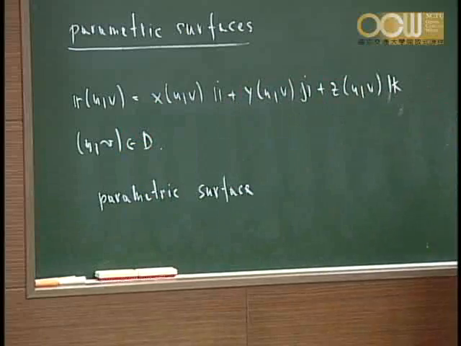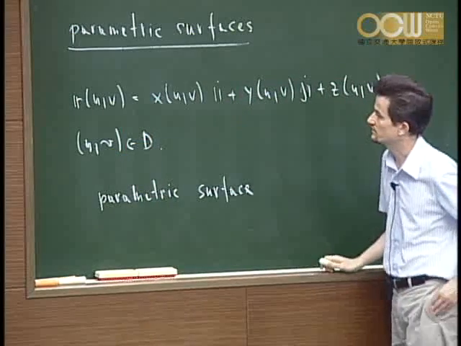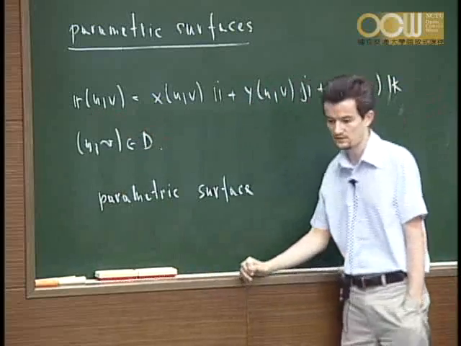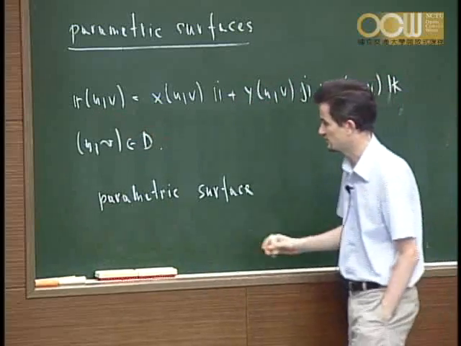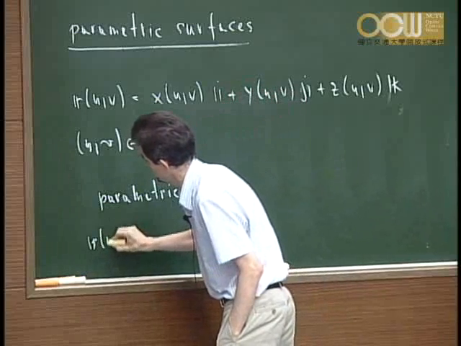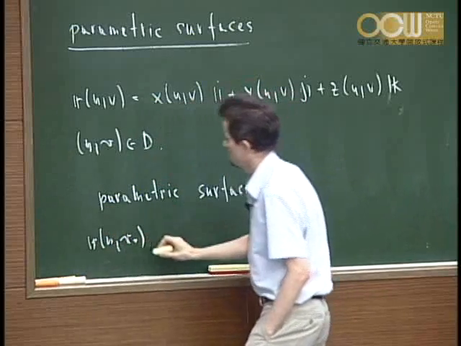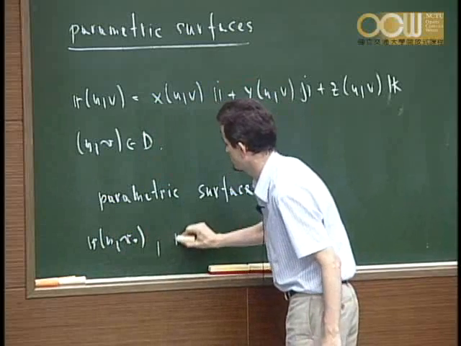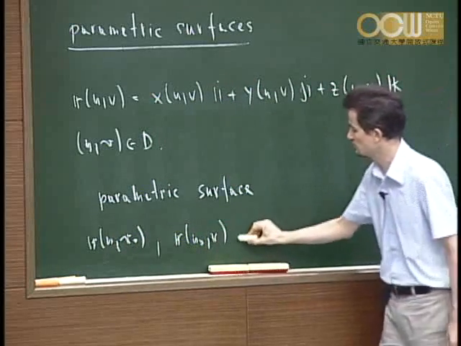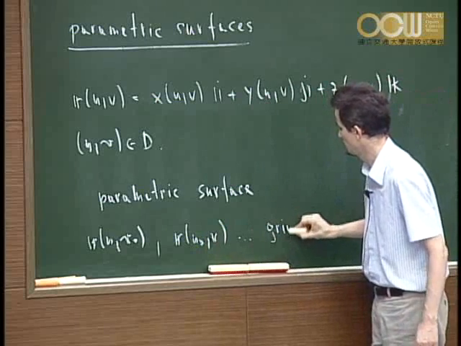This describes a space curve, and such space curves, if you fix either v or u, are sometimes called the grid curves of this parametric surface.